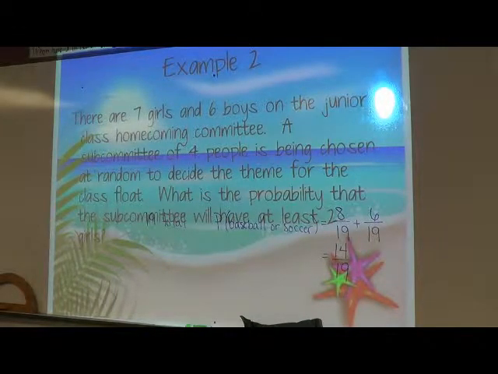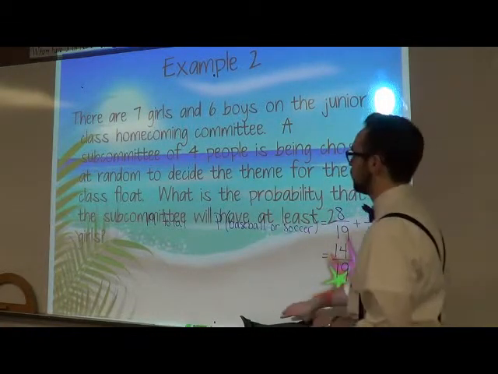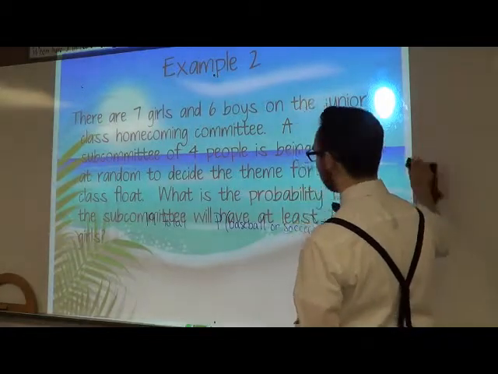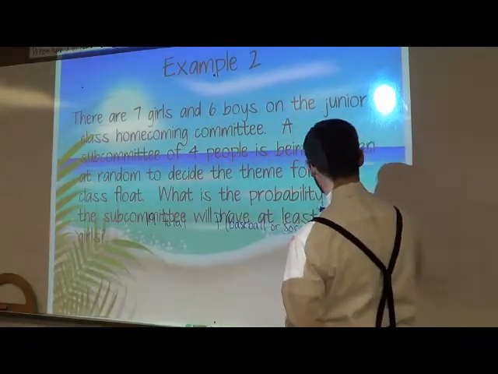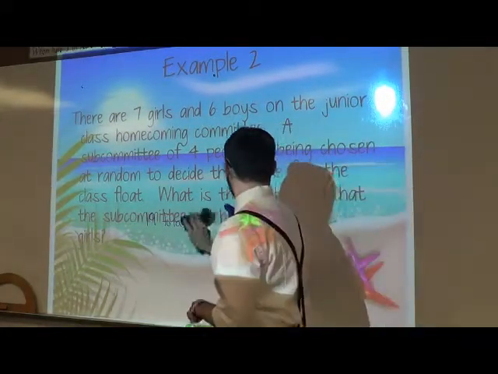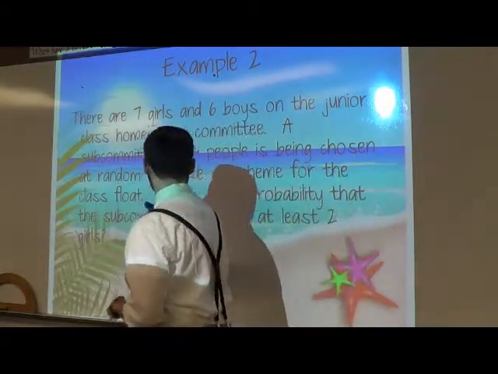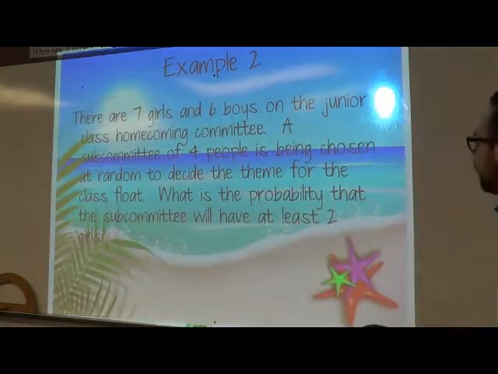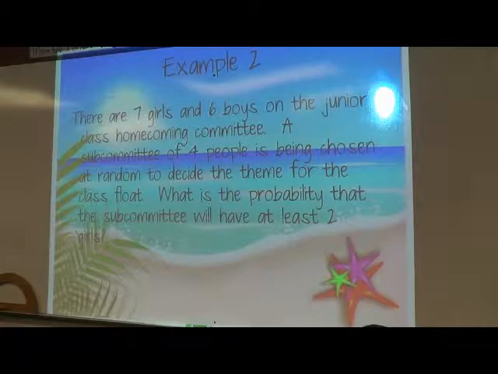Alright, next example. There are 7 girls and 6 boys on the junior class homecoming committee. A subcommittee of 4 people is being chosen at random to decide the theme for the class float. What is the probability that the subcommittee will have at least 2 girls?